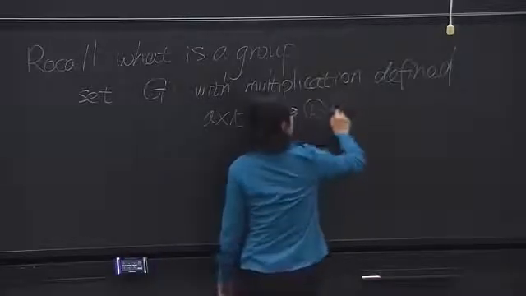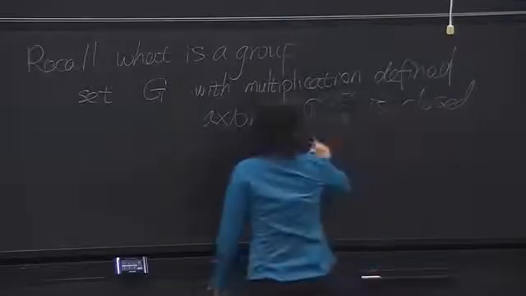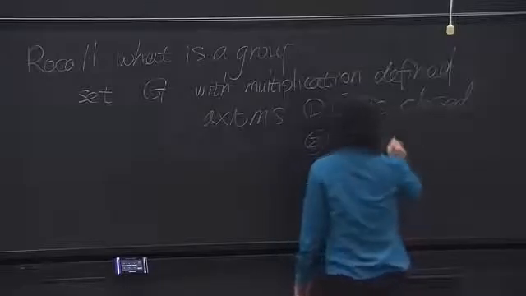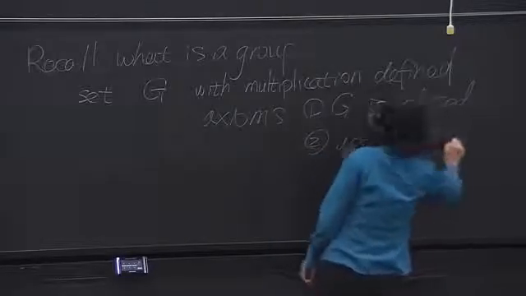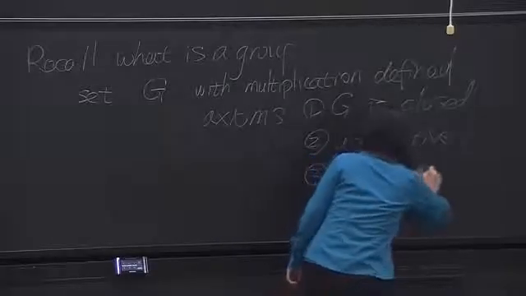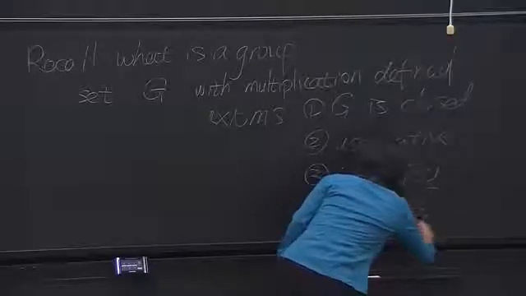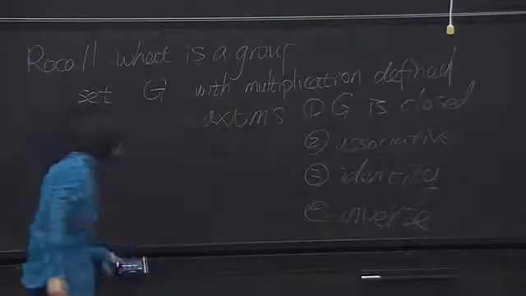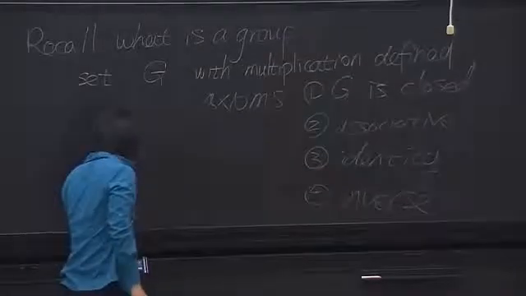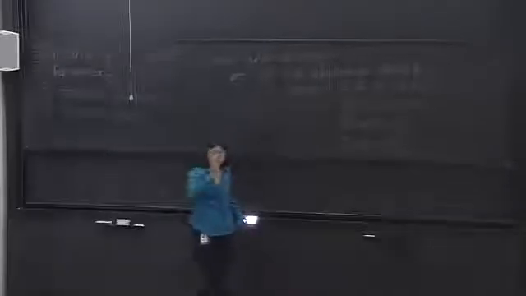It says that G is closed. And then we have associativity too. And then we find our identity. And then we have our inverse. Okay, so that's what we learned yesterday. Such an object is what we call a group.